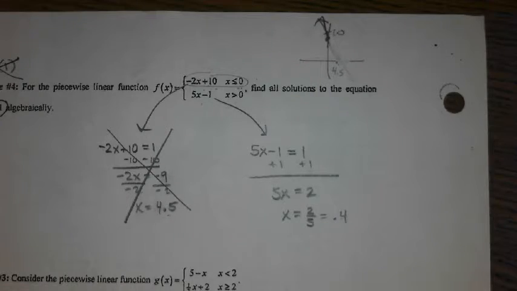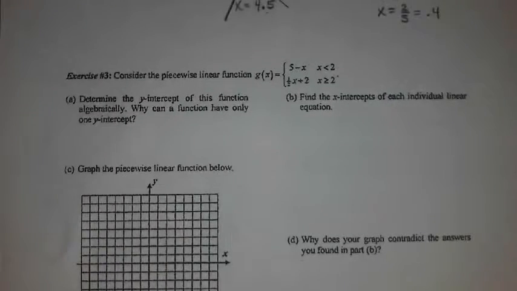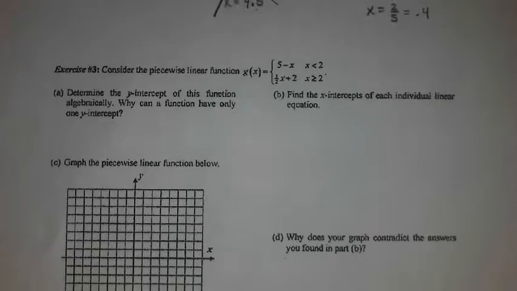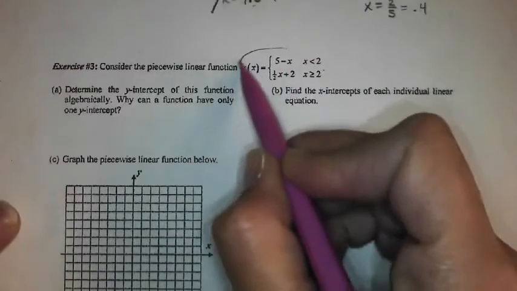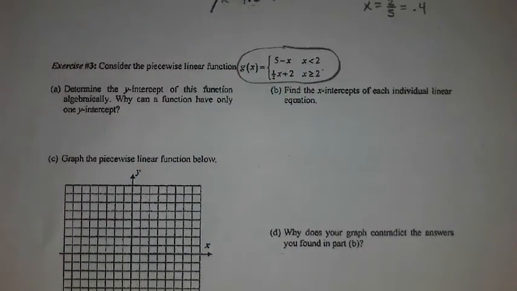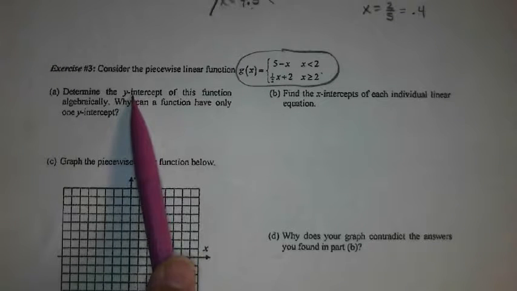Okay. Excellent. Exercise 3 here. Piecewise function given. Determine the y-intercept. Okay, this is on your flashcards. The front says y-intercept. What does the back say? X equals 0. So we need to set x equal to 0 to find the y-intercept.